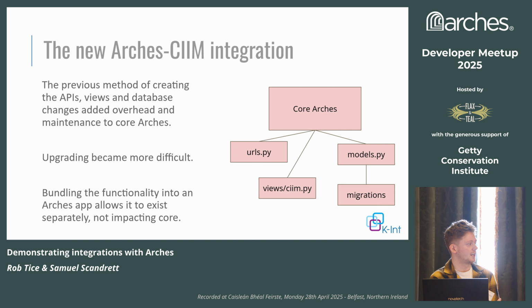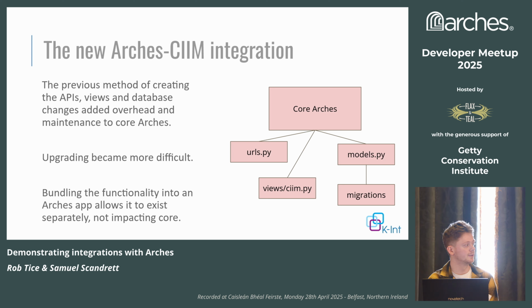So this happened quite a few years back now, back in version 6. This is before the nice pattern of Arches applications, which changed everything. So we had to change a lot of core Arches to include our additions, adding the APIs, adding the model changes.